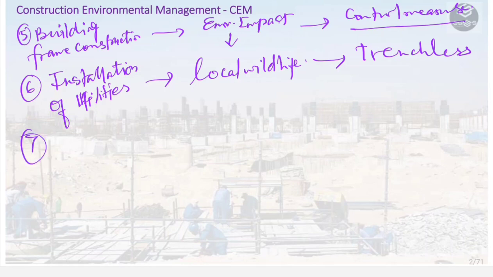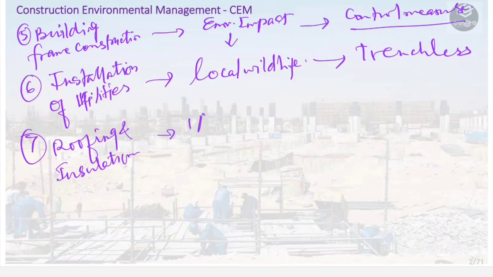Okay, then next is the activity about roofing and insulation. So what is the environmental impact associated with this? There will be waste generation from old materials and chemical emissions which can impact air quality. Also, noise pollution during installation may disturb nearby residents. So we talk about the waste, the air pollution, and the noise.